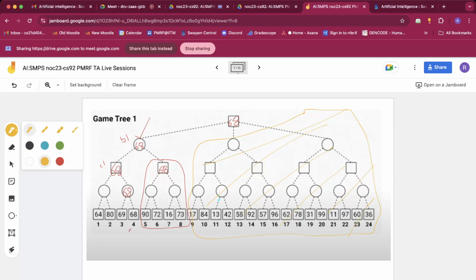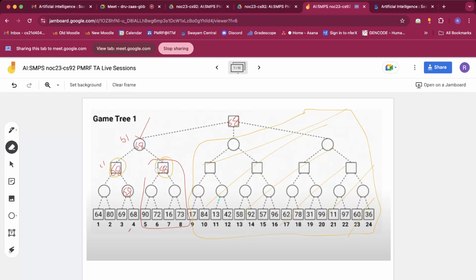No problem. So again, this is also a property of the SSS star method, that when you have siblings of a particular solved node, let's say C1 is solved and its sibling C2 is not yet solved, it will try to solve C2 recursively using the SSS star method on the subtree contained by C2, but the bound will be the solved value of the sibling node, which is C1.